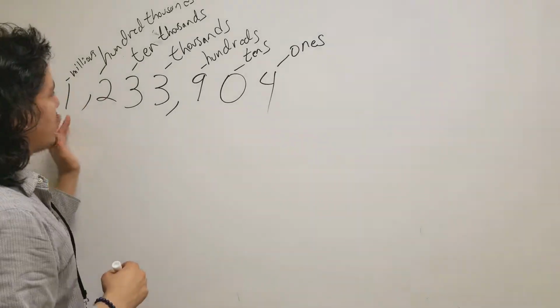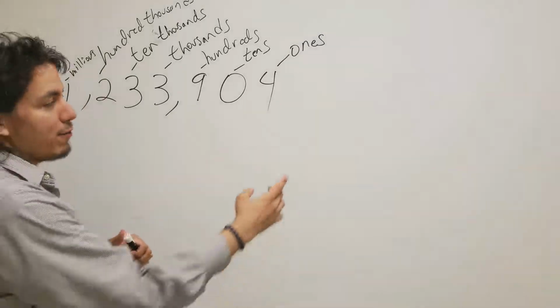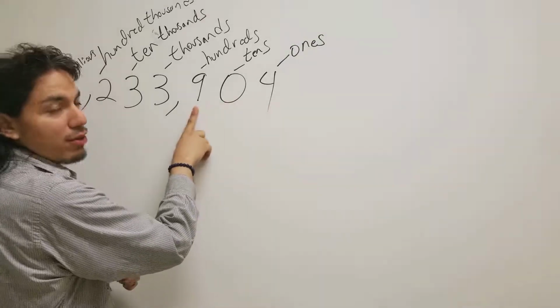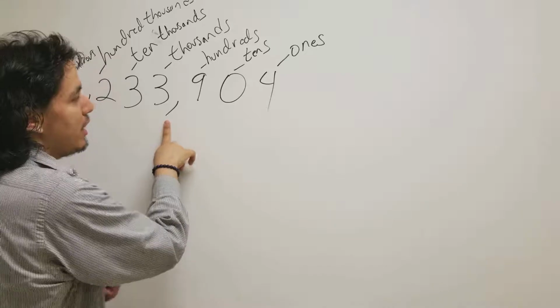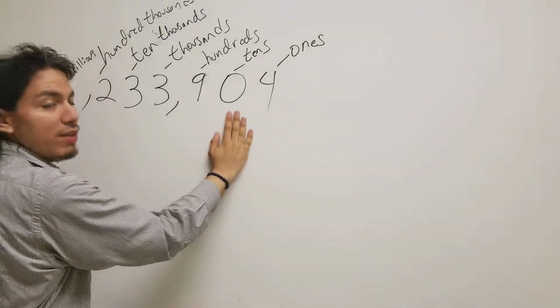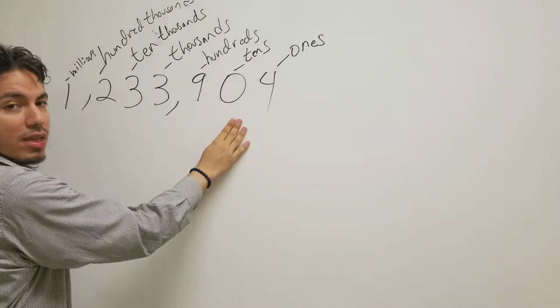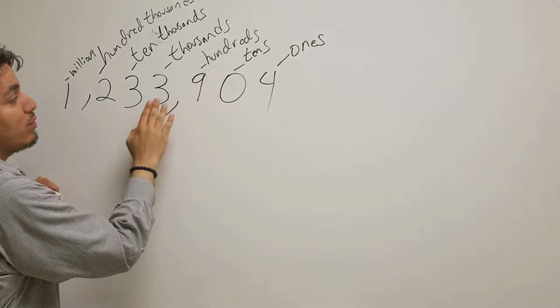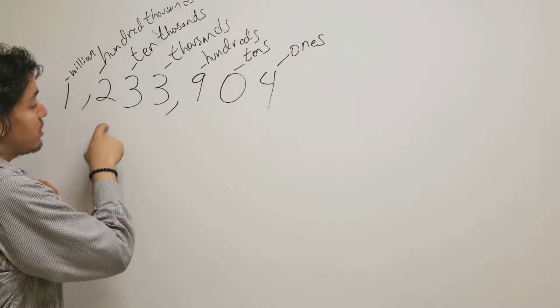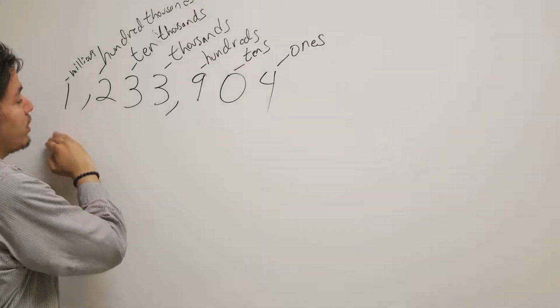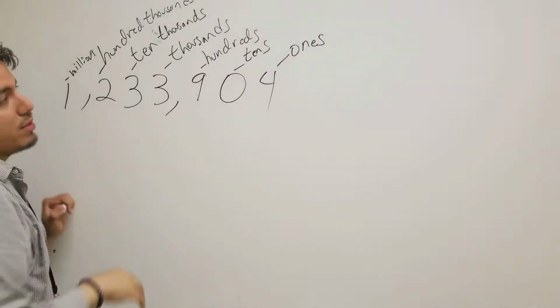Ideally what you want to understand is that after every 3 place values, this is called a period. That's why we put a comma there, to indicate we are leaving the ones, tens, hundreds. We're going straight to thousands, and then from thousands, 10,000s, 100,000s. That period's over. We're moving on to the millions.